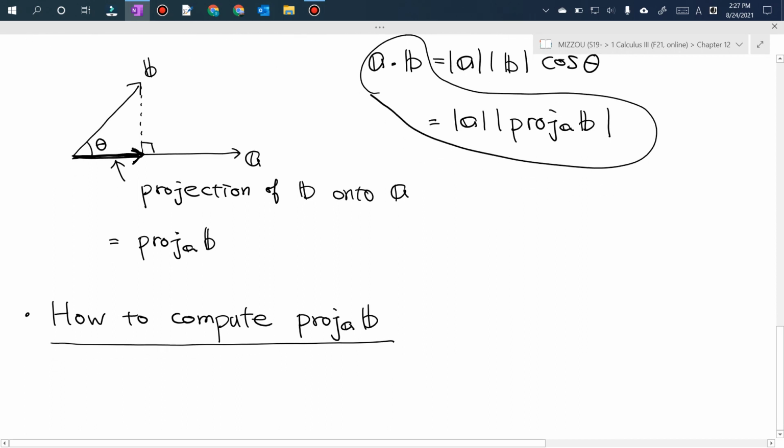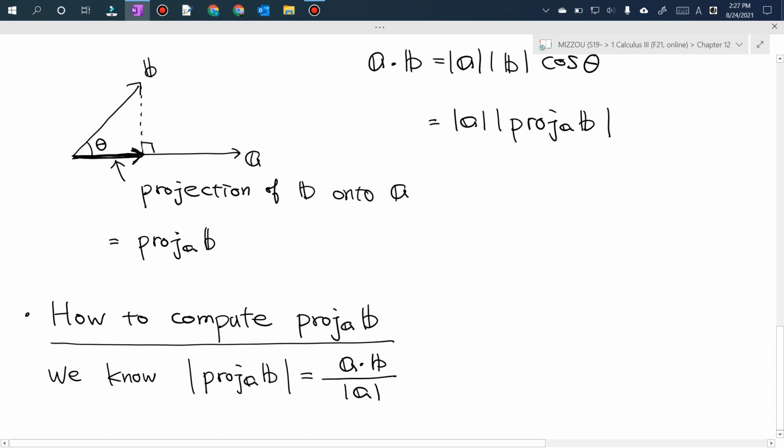From this, we know the magnitude of proj AB is A dot B divided by the magnitude of A. Okay, so here, this is this.